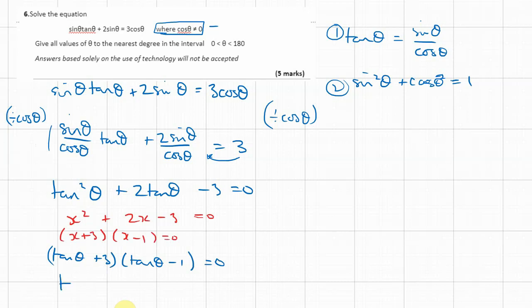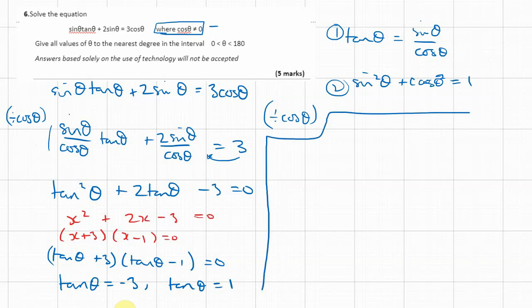So we know that tan theta equals minus 3 or tan theta equals 1. We're going to jump in our calculator and do some inverse tan. So if I take us up to here now to carry on our working, if we do inverse tan of negative 3, we are going to get minus 71.565.